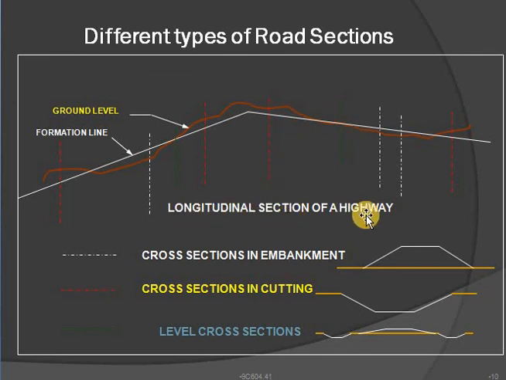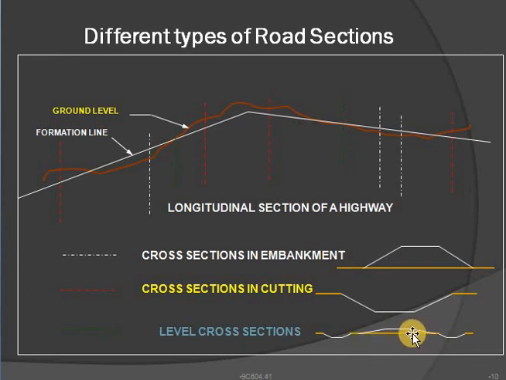Okay, and longitudinal section of a highway, and these are the cross sections in embankment. You can see this is nothing but a cross section in embankment when it is in the raised shape, and this is the cross section in cutting when it is in the low shape. Okay, and this is the level cross section which is at both equal level.